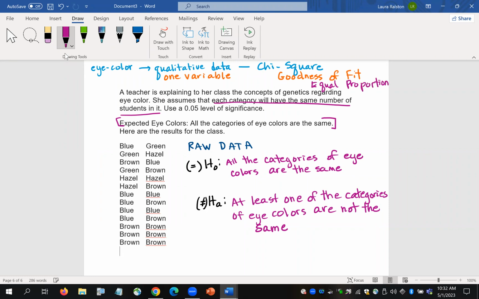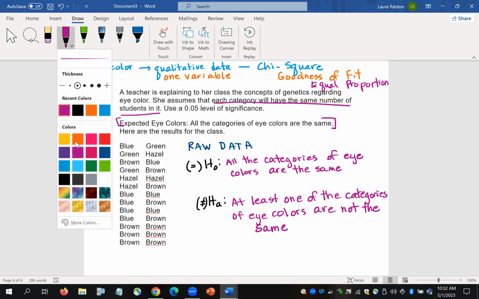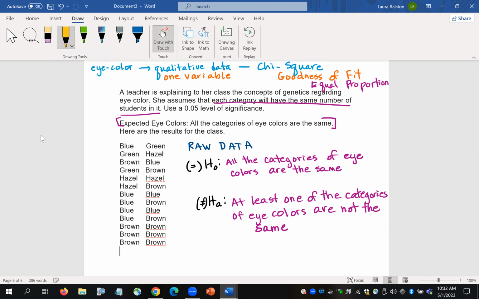But instead of having my data organized or summarized into a table, I have the raw data. So in this scenario, I have my raw data and my alpha, which again is given as 0.05.